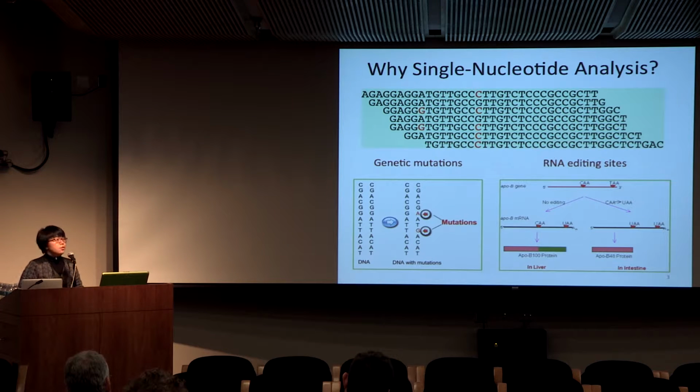So we are very interested in analyzing RNA-seq reads and getting the genetic mutations and RNA editing sites out of these data. There are a number of challenges in analyzing single nucleotides in the RNA-seq reads. First of all is read alignment, because read alignment is typically conducted against the reference genome, which has the reference nucleotides in the DNA.